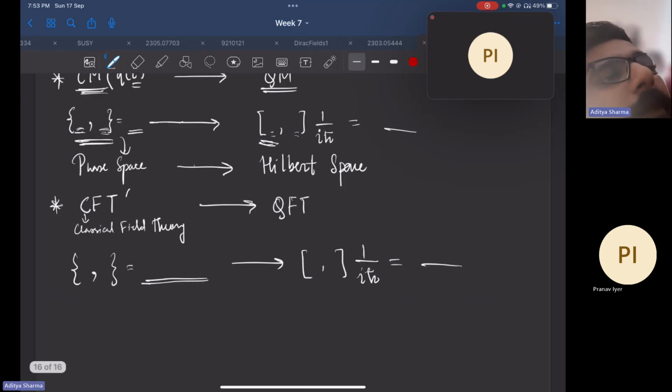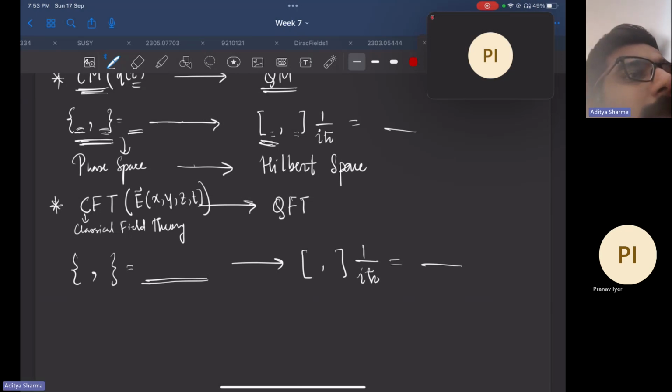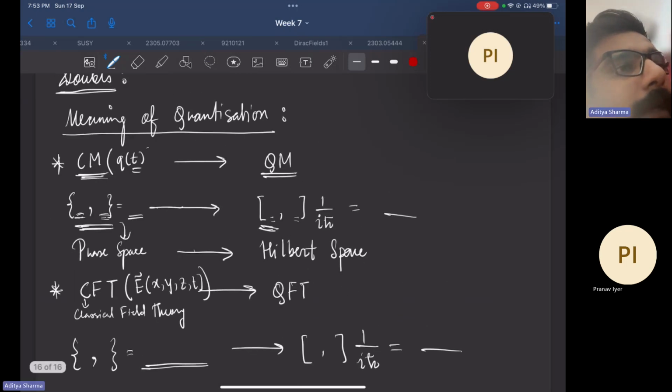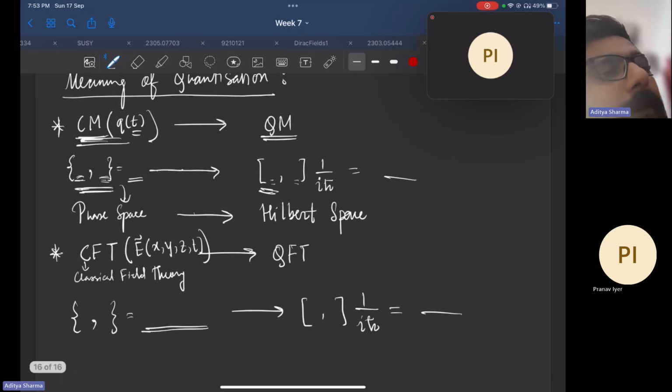In classical field theory, you have fields, for example the electric field, which are functions of position itself and also of time. You have magnetic fields, gauge fields and all these things. You can write a Lagrangian for the classical mechanical system, and you can write a Lagrangian for the classical field theory system also.